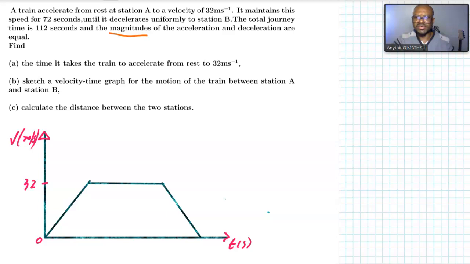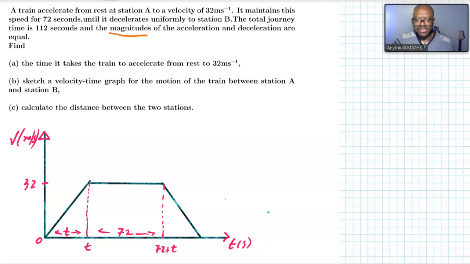and we don't know the distance, so we will say t from that point to that point, and that one will be t. We know that from here to here it's 72 seconds, and therefore this point will be 72 seconds plus t.